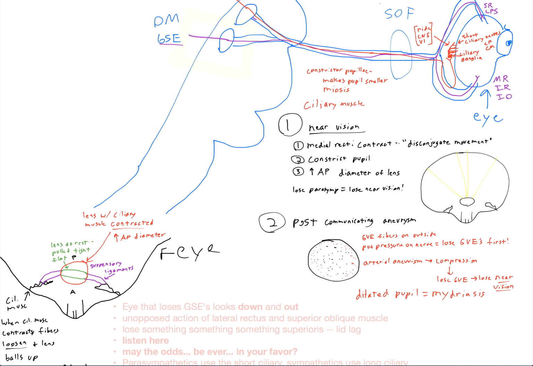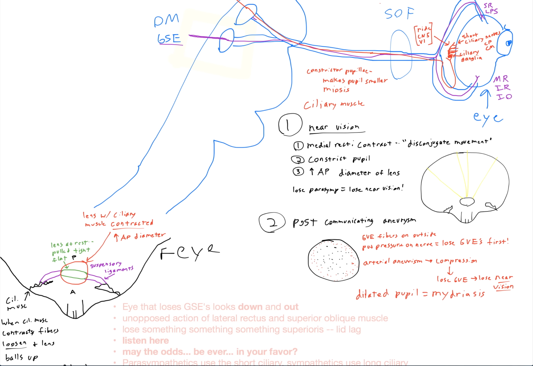Okay? An interesting thing that can happen is these nuclei are fed by different arterial supply. So sometimes you can have a stroke that affects just your GSEs because they're different blood supplies.